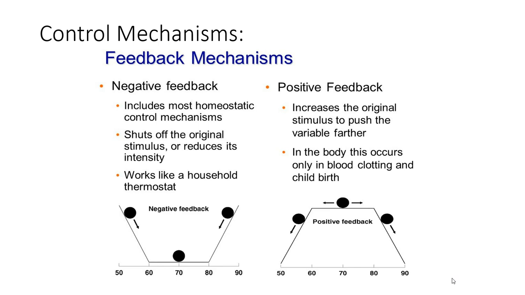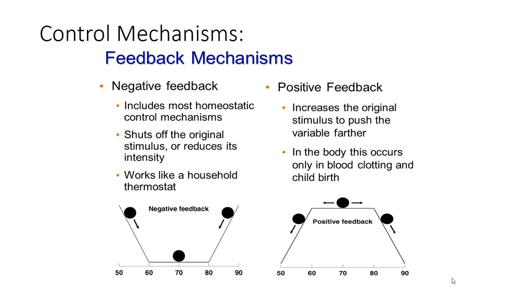Positive feedbacks actually increase the original stimuli. They push the variable further. In the body, some examples of occurrence of positive feedback would be blood clotting and childbirth. Again, positive feedback works with the stimuli.